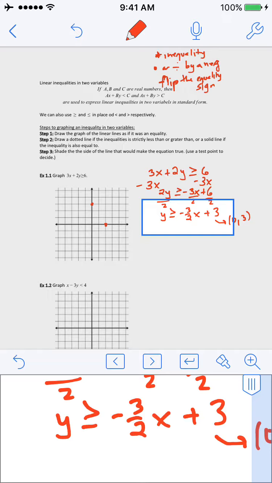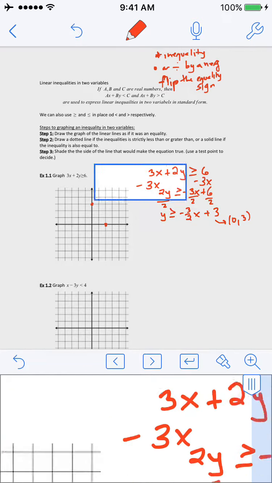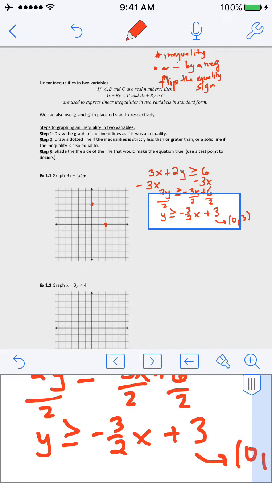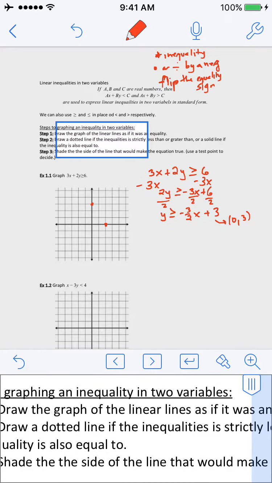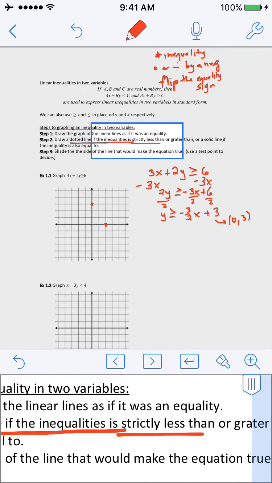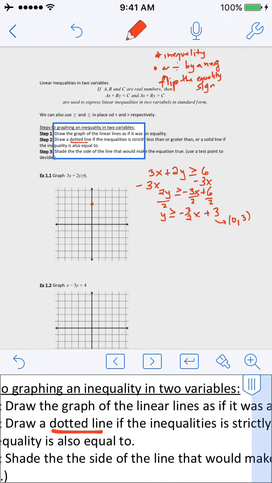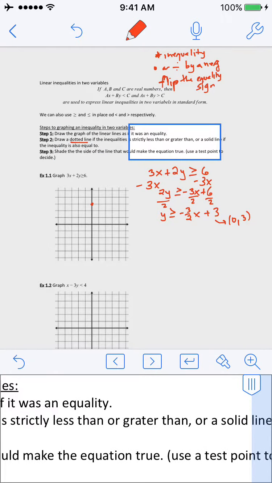All right. The second step, and you can actually do this first if you want, is indicate whether you need a dotted line or a solid line. Dotted line is for inequalities that are strictly less than or strictly greater than, so not the equal to's.